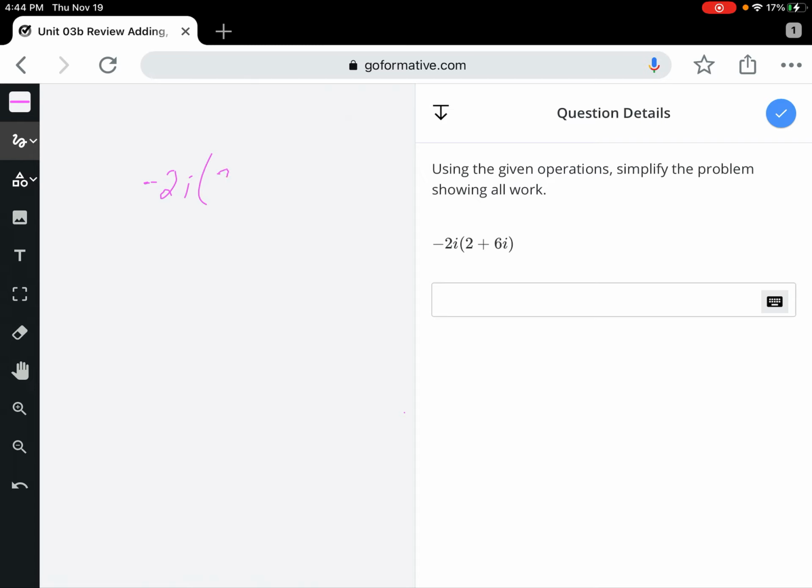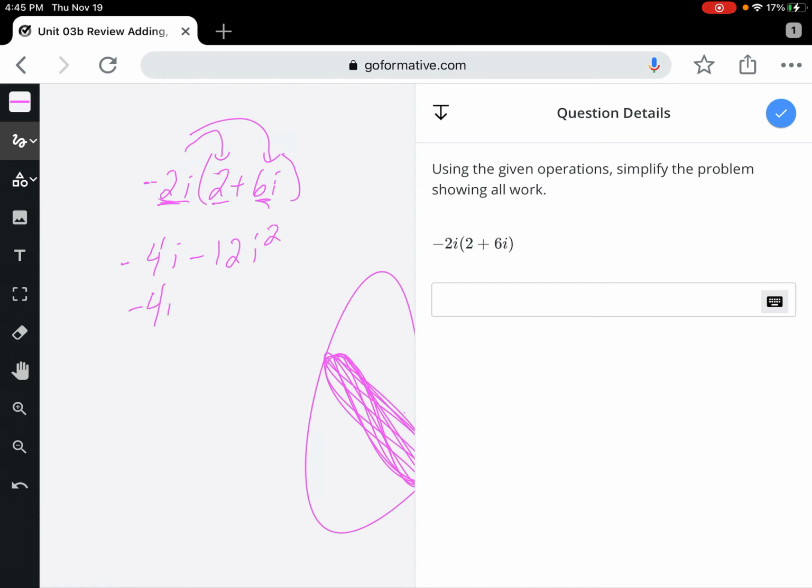This one here, negative 2i times 2 plus 6i. I would do distributive property. Negative 4i, and then negative 2 times 6. Negative 2 times 6 is negative 12, and then i times i is i squared.